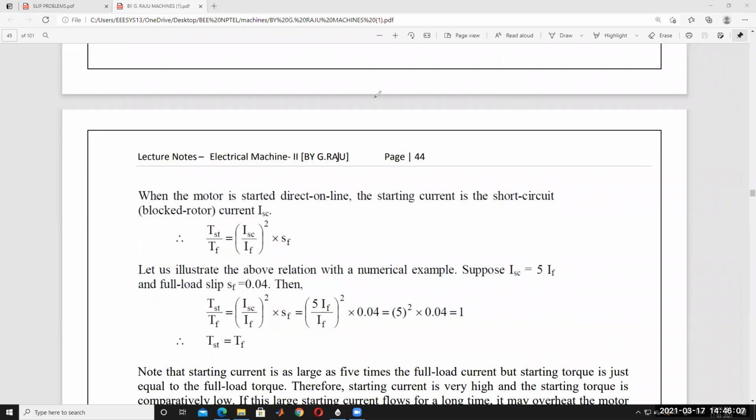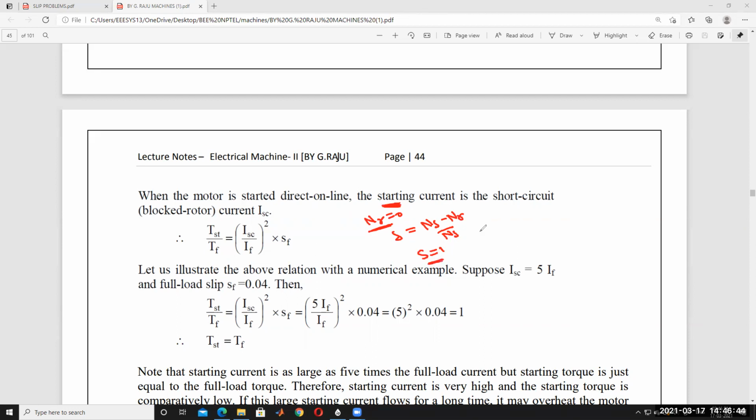You know, at starting, rotor speed is equal to 0 and slip is equal to 1, since slip is NS minus NR by NS. So NR is equal to 0 means slip is equal to 1.